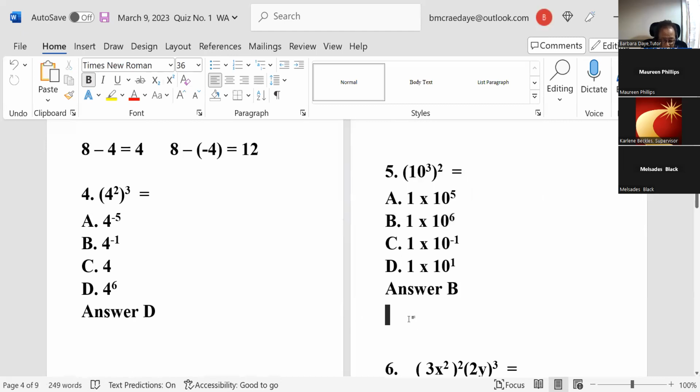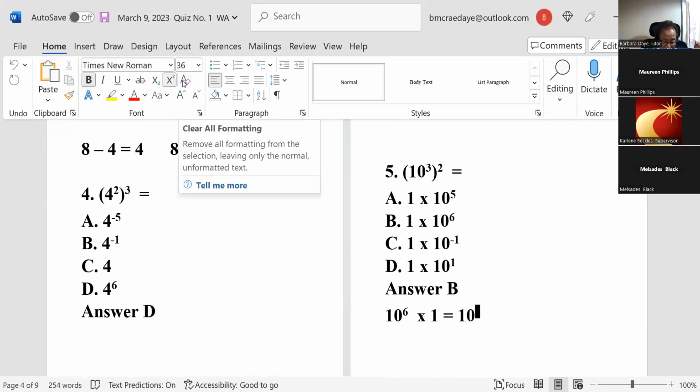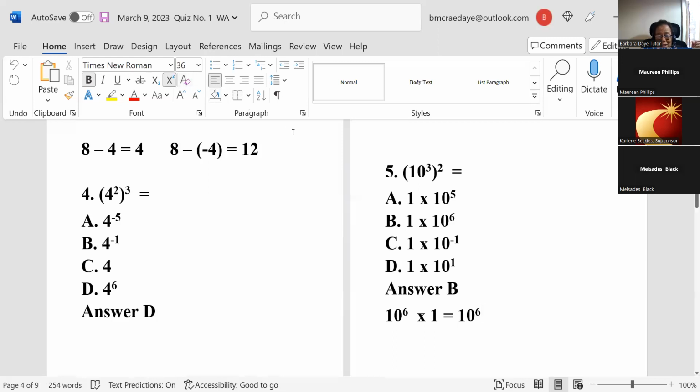Now, if I put this times 1, isn't that the same as 10 to the 6? Oh yes. Whenever you multiply 1 times a number, it doesn't change the value, whether it's the exponent or whatever. 4 times 1 is 4. 100 times 1 is 100, right? So 1 times 10 to the 6 is the same as 10 to the 6. Okay, so that's okay.